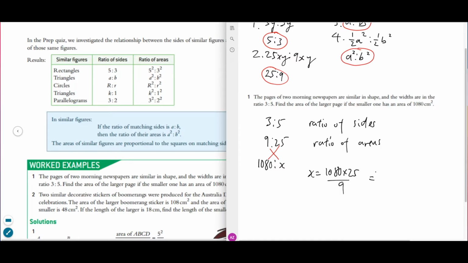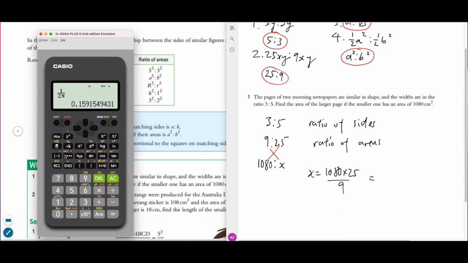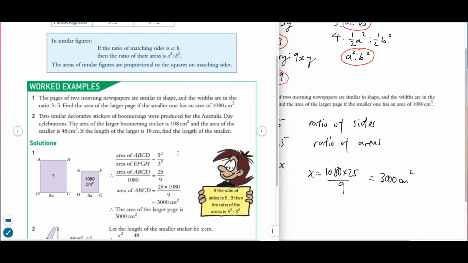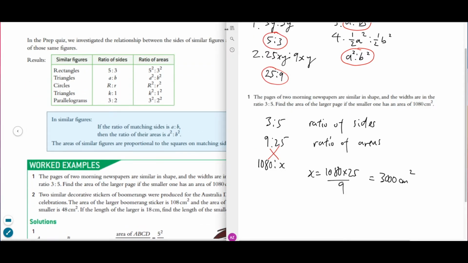I think it should be 300, but let me double check. 1080 divided by 9 times 25. Oh, sorry, not 300, 3000, yep. So the area of the larger page should be 3000 centimeters squared, right? That's pretty straightforward. Let's take a look at the next question. Most of these questions aren't going to be too hard, so you should be able to do them pretty easily.